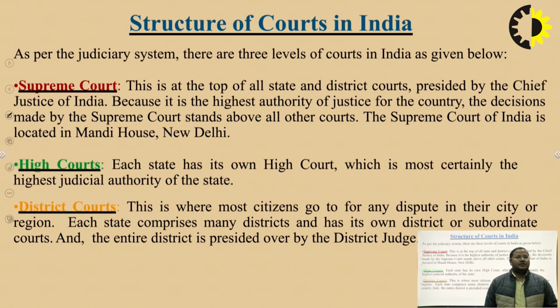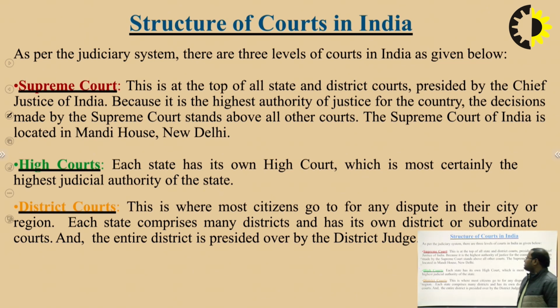Structure of courts in India. As per the judiciary system, there are three levels of court in India as given below. The highest level is the Supreme Court, then the High Court, then the District Court.